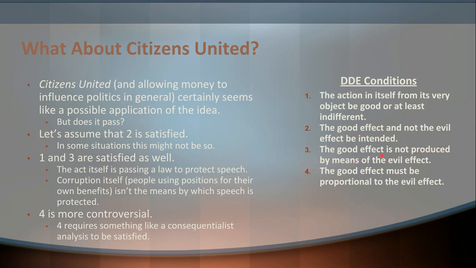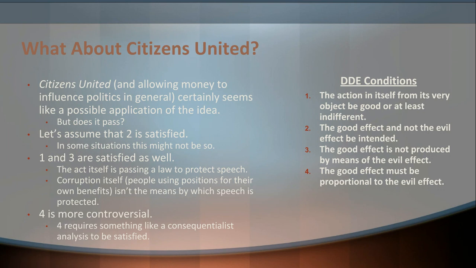Third, the good effect is not produced by means of the evil effect. This one seems to also be satisfied. If we look at the way that, say, Citizens United is argued, it says that speech would be protected in the sense that the law shouldn't restrict where speech comes from.